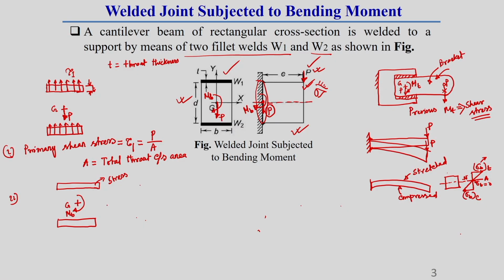So, here I am writing this bending moment MB, which is equal to P into eccentric distance E. This bending moment P into E will develop a normal stress. This you should keep in mind.